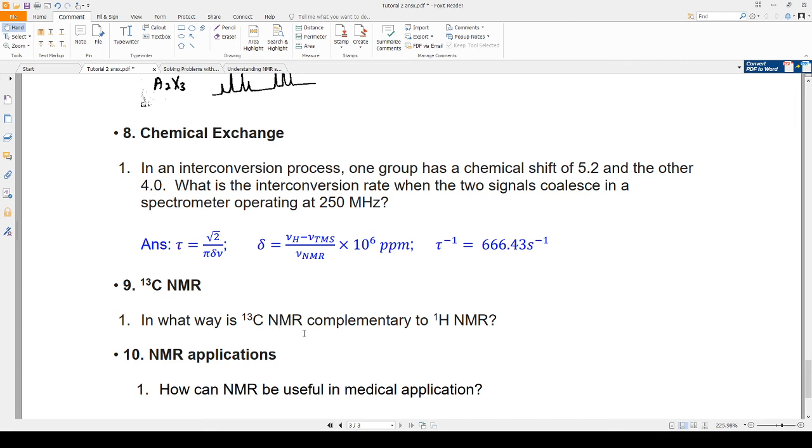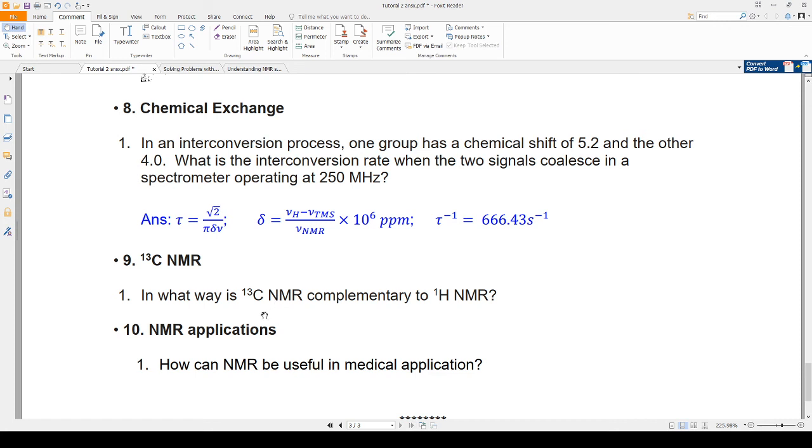Carbon-13 is complementary especially when you have superimposed peaks or peaks which are very crowded together, so it can complement and affirm the molecular structure that you have.